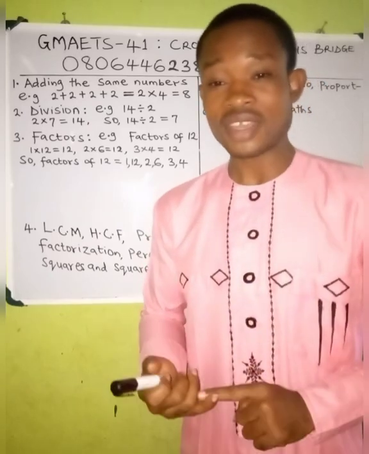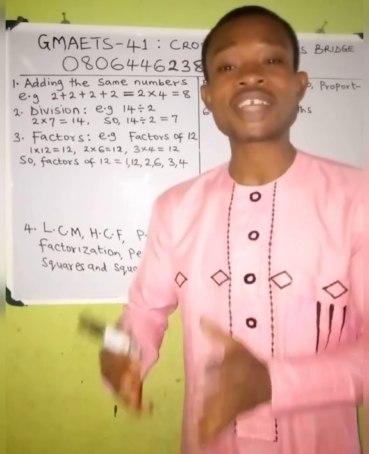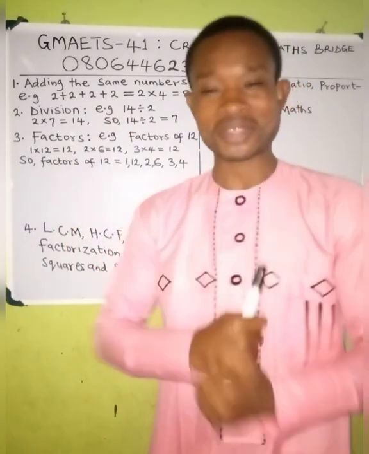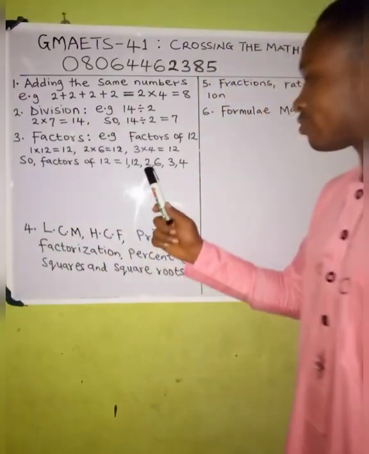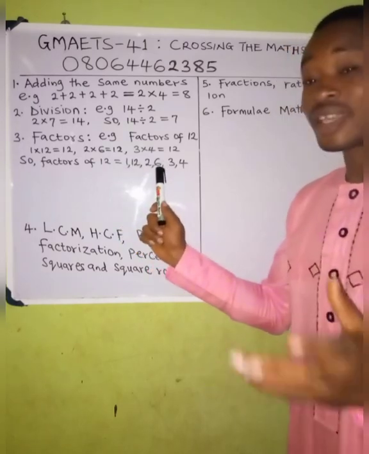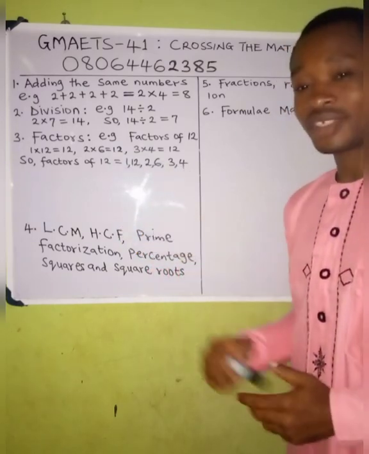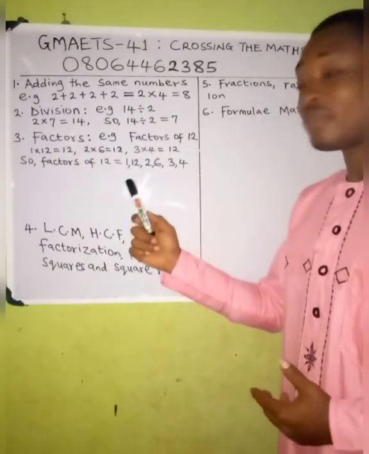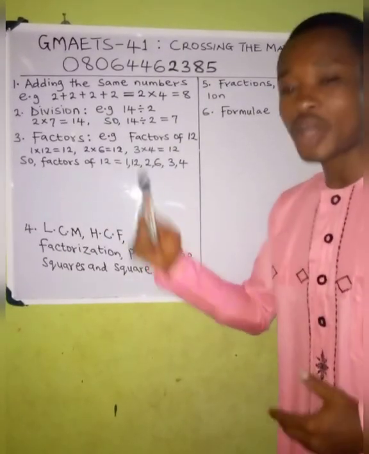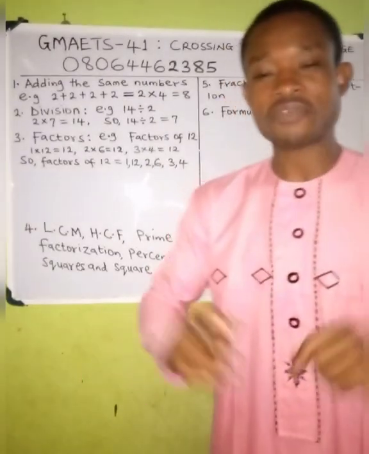Which means that 3 and 4 are factors of 12. Now let us put our answers together. What are the factors of 12? We have them: 1 and 12, 2 and 6, 3 and 4. If you like, you can arrange them as 1, 2, 3, 4, 6, 12. These are the factors of 12.